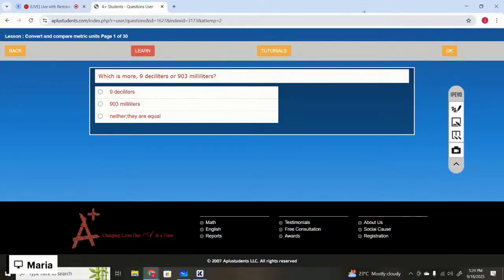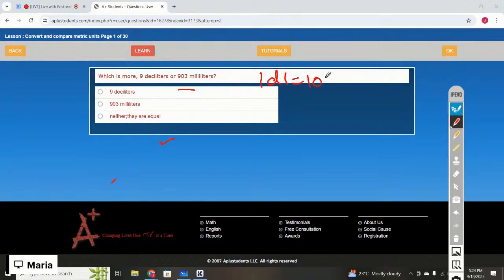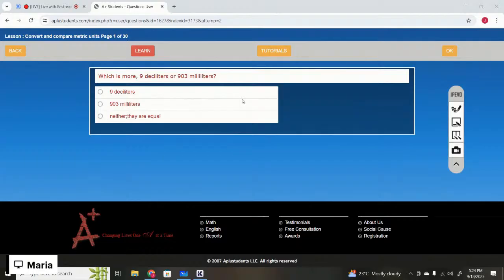So we need to convert from deciliters to milliliters. 1 deciliter equals 100 milliliters. So 9 deciliters equal 900 milliliters, right? That means 900 milliliters is less than 903 milliliters. So 903 milliliters is more. The correct option is 903 milliliters. Option number 2 is the correct option.